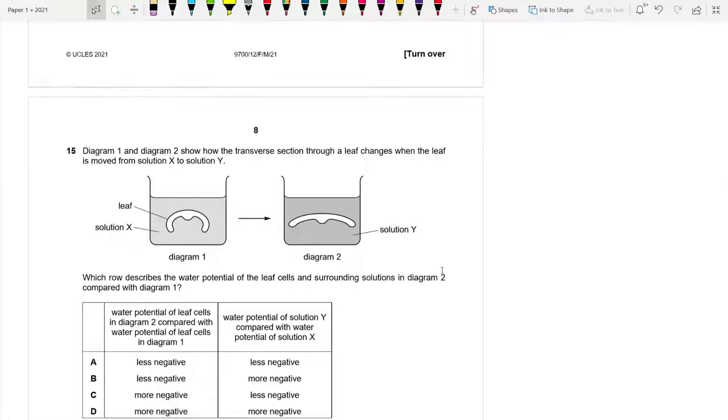15. Diagram 1 and 2 show how the transverse section through a leaf changes when the leaf is moved from solution X to solution Y. Which row describes the water potential of the leaf cells and surrounding solutions in diagram 2 compared to diagram 1? Basically, you need to understand something, guys. What's the logic?